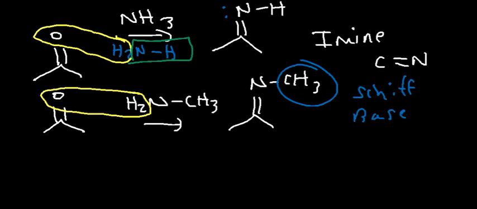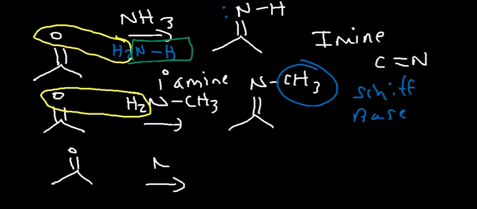So if you add a nitrogen that has at least 2 hydrogen atoms, you're going to get the imine. This is a primary amine, by the way. Now, if you add a secondary amine, you're going to get something different.